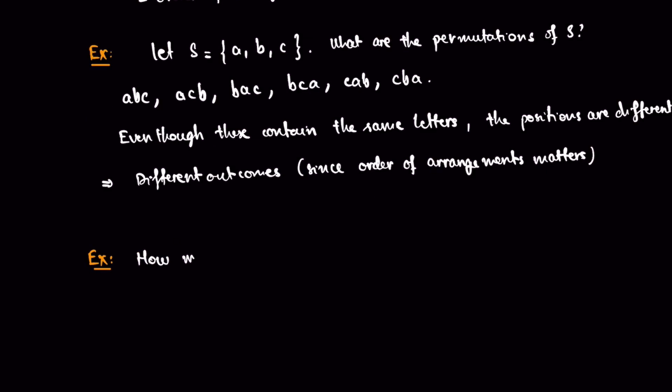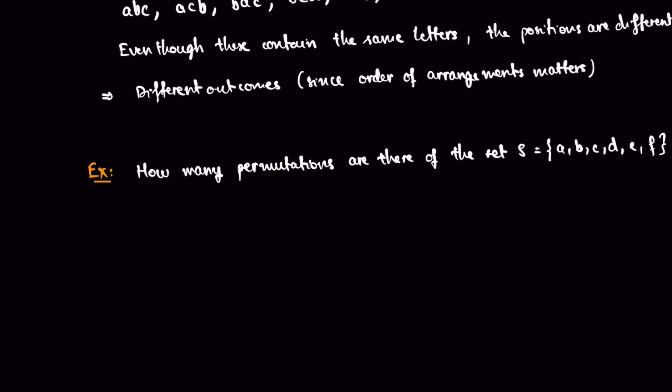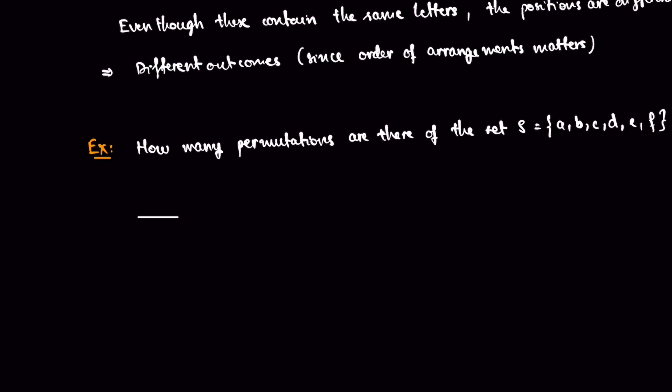In this example, we want to know how many permutations we can form from the set of the elements A, B, C, D, E, and F. So there are 6 letters in the set. We're going to follow the idea from the counting principle we learned from the last video, that is the multiplication principle.